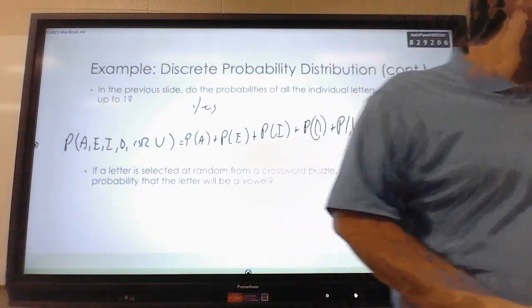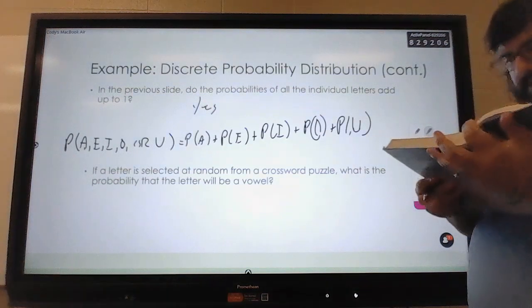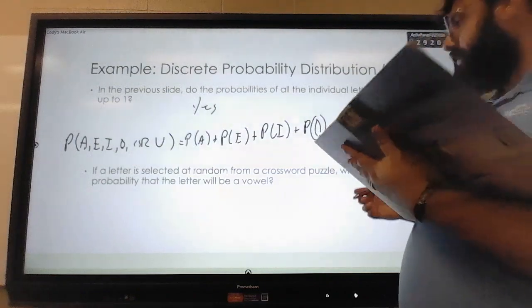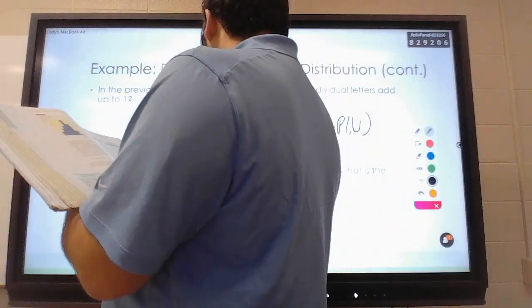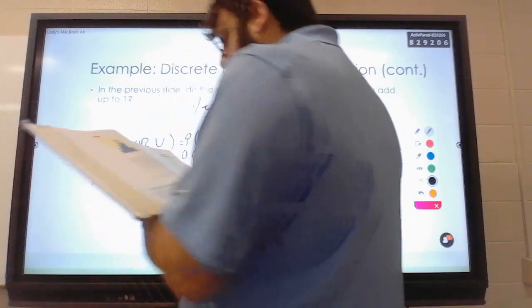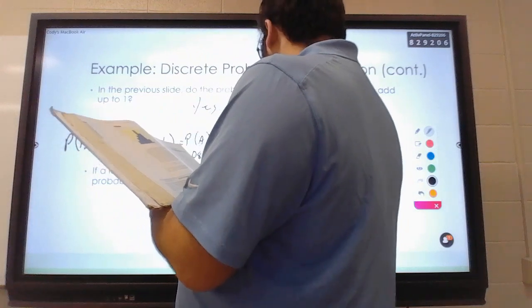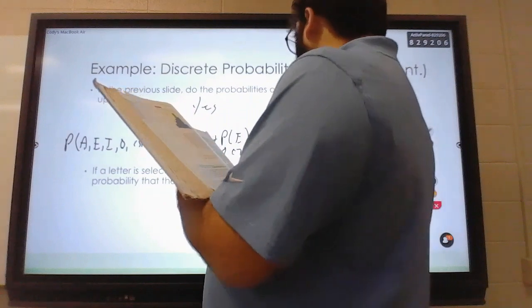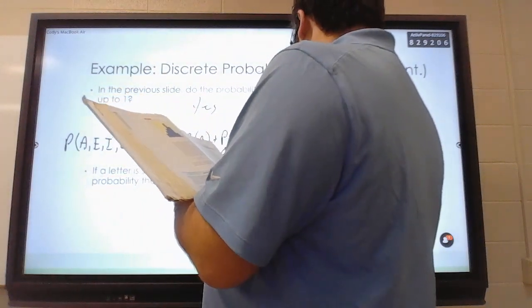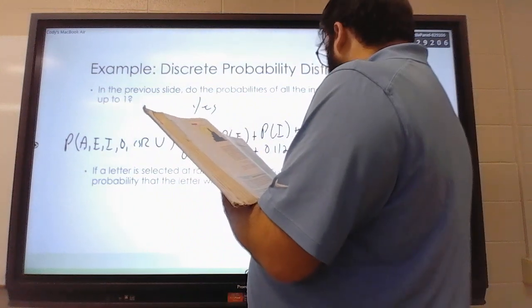Okay. If I go back to the chart and look for those relative frequencies, A, we said, was 0.085. I was 0.075. E was 0.112. O was 0.072.